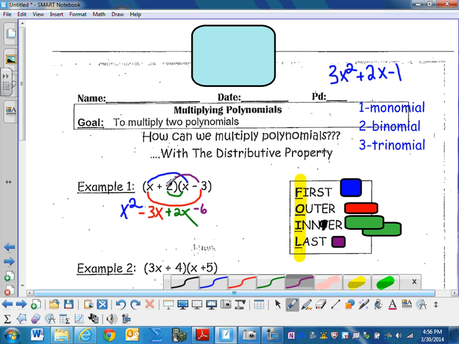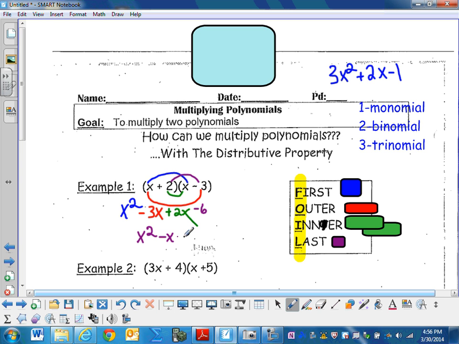So now we've taken two binomials, multiplied them together, and we have four terms. But we can combine two of these. The negative 3x and the 2x can be combined. So we can rewrite this as an x squared minus x minus 6. So we've multiplied two binomials, ended up with a trinomial.